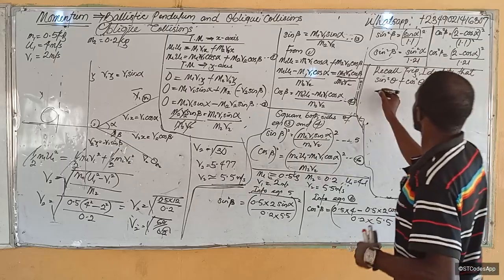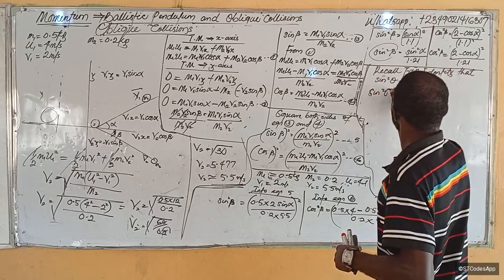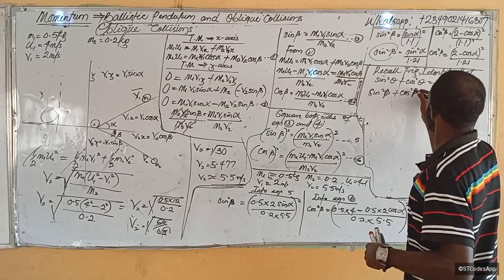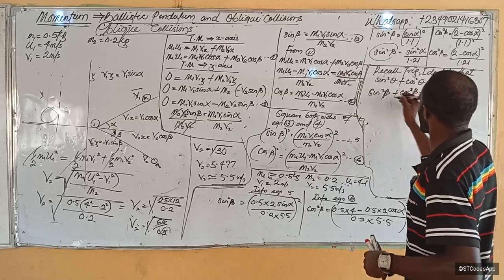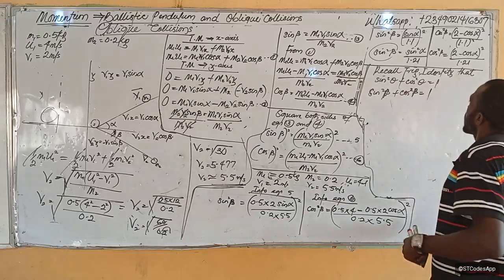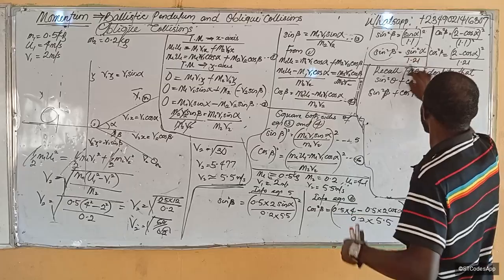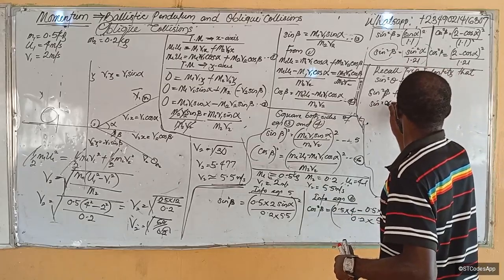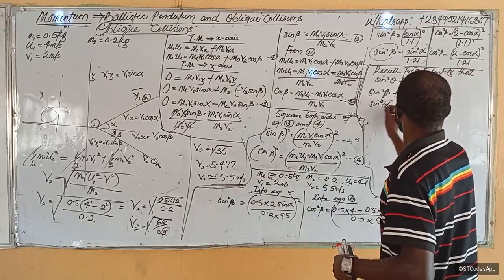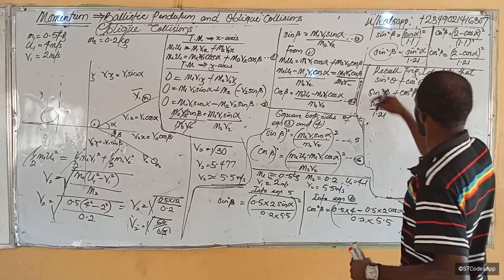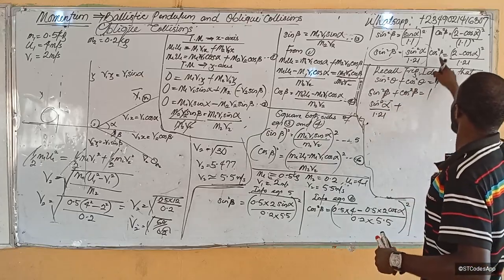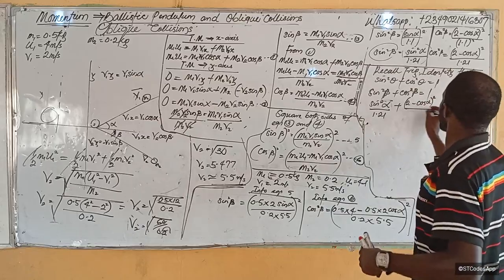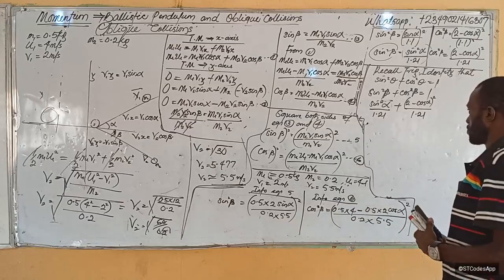So sine squared beta plus cos squared beta will give us what? 1. So sine squared alpha over 1.21, that's sine squared beta, plus cos squared beta, which is 2 minus cos alpha all squared over 1.21.